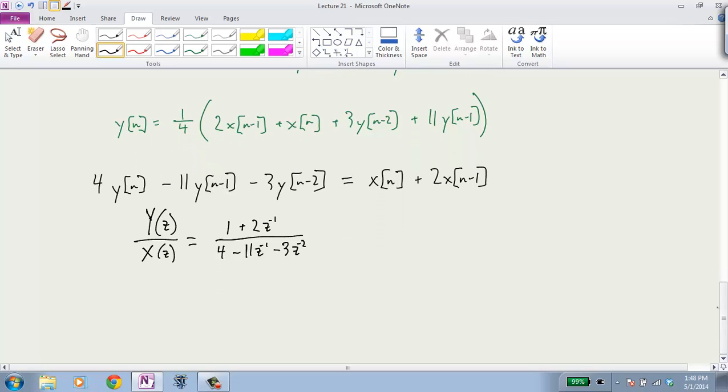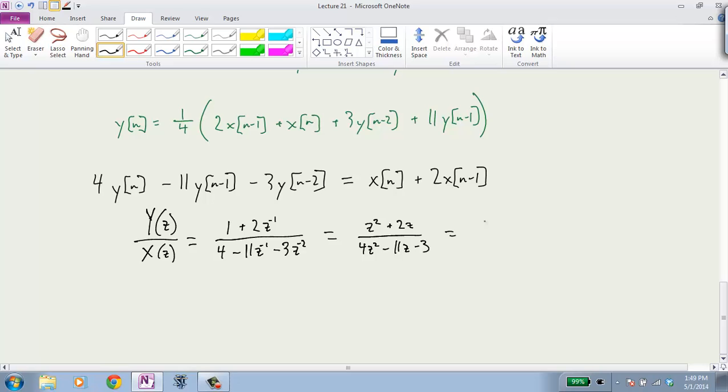Okay. First of all, we should factor this. Multiply both by z squared, just to get it into positive powers. So we get z squared plus 2z over 4z squared minus 11z minus 3. You can do everything in terms of z inverse, but I just want to keep it simple here.